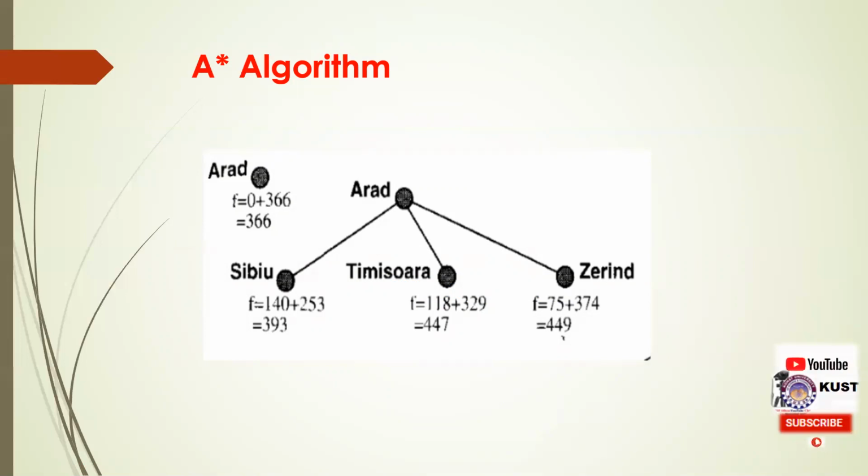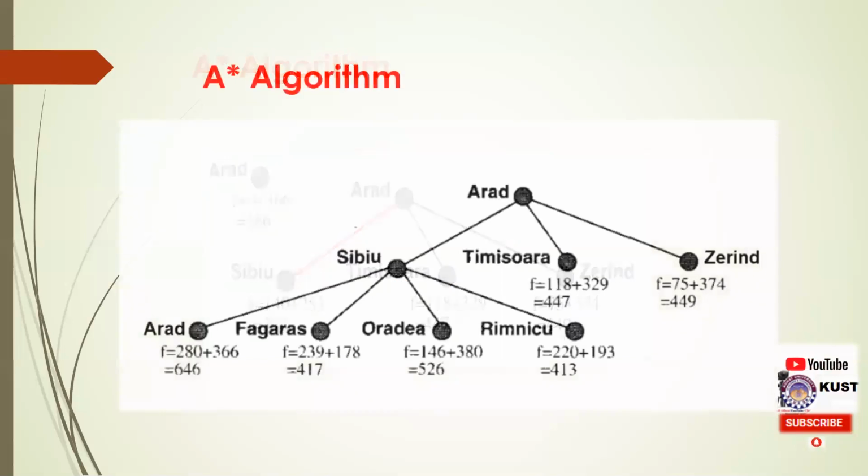In the priority queue, the smallest evaluation function is of Sibiu, where 140 is the path cost and 253 is its heuristic value, which combines to 393. So this means that the next city that will be explored using the A star algorithm is Sibiu.